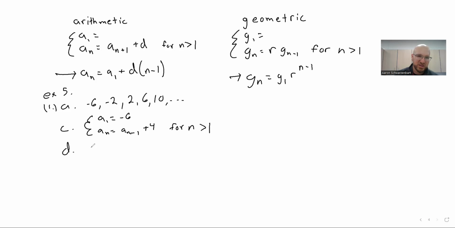The explicit formula, A sub n equals first term plus 4 times n minus 1.